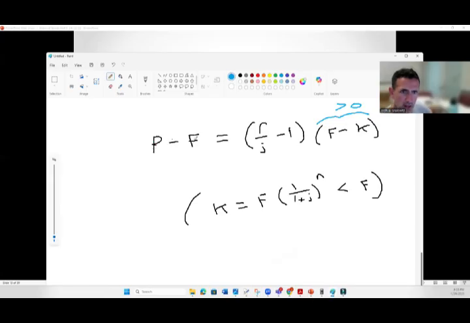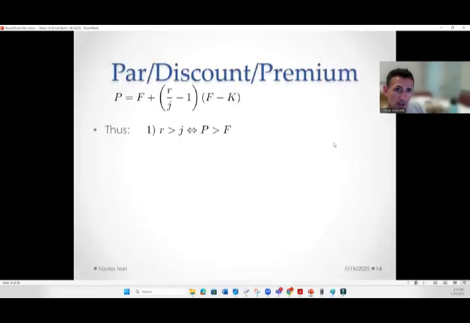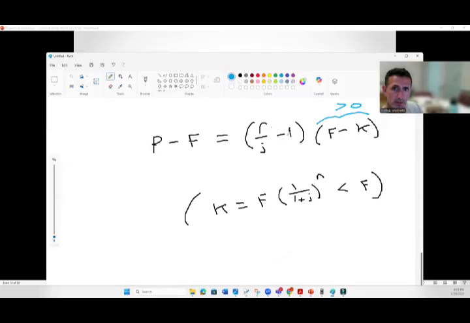So whether this is positive or negative only depends on whether this is positive or negative, because this is always positive. And what we're interested in particular is how the price compares to the face value, and what the relationship is between the price and face value, depending on whether the coupon rate is bigger than the yield rate, equal, or less. So in particular, R bigger than J is exactly the same thing as saying this is positive.